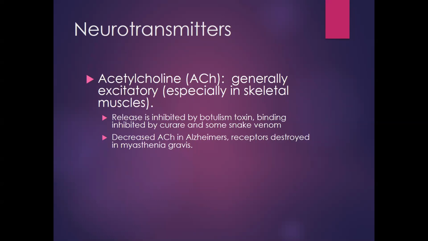When it does that, it binds like it's acetylcholine to get the neuron to fire. But botulism, which is made by a cousin to the tetanus organism, is going to block the release, inhibit the release of acetylcholine, so that you can't get muscle contraction and you have paralysis.